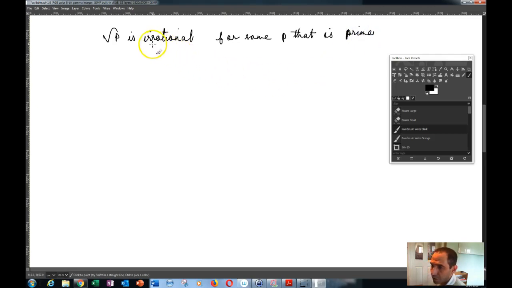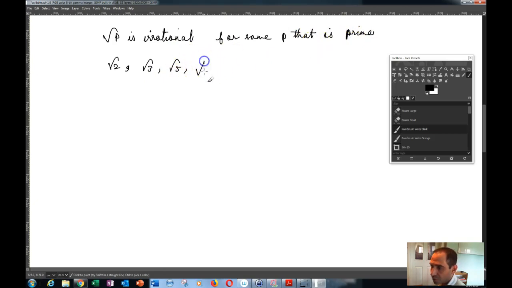Meaning that, for example, square root of 2 is an irrational number. Square root of 3 is an irrational number. Square root of 5 is an irrational number. Even square root of 6 is an irrational number, although 6 is not a prime number, it's a composite number.